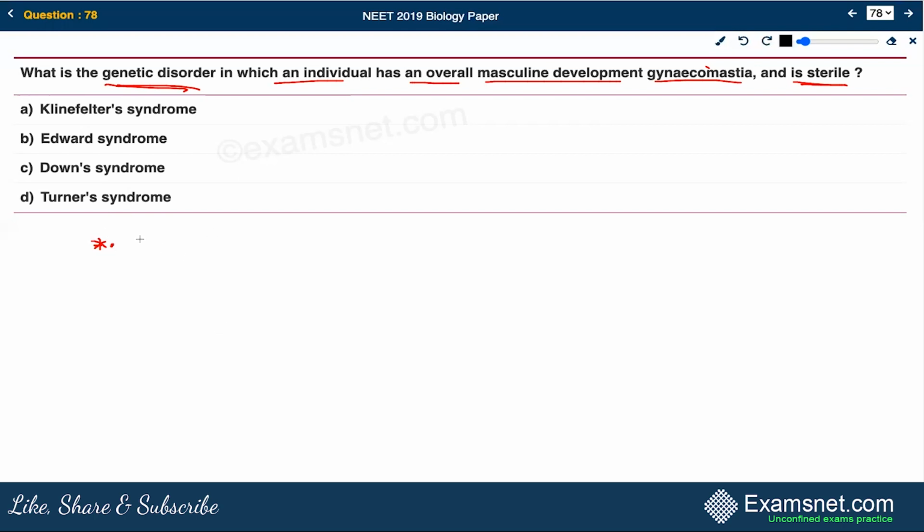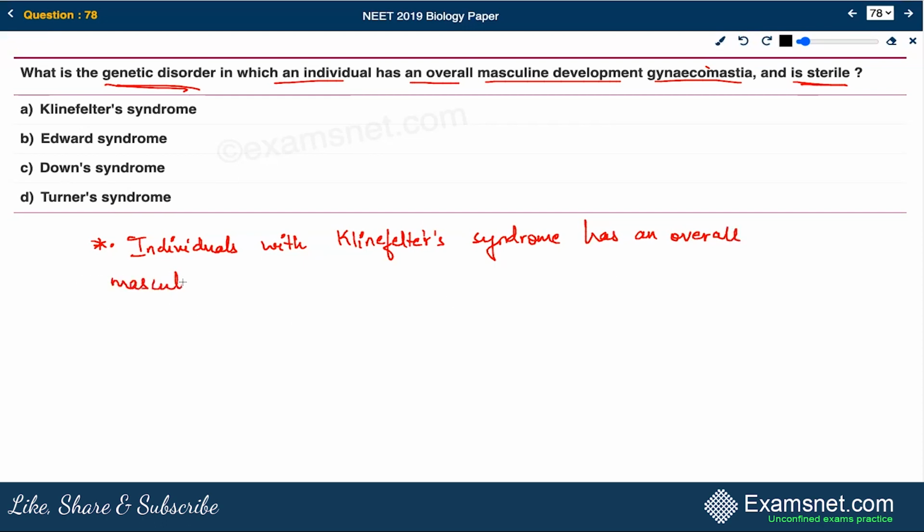So if I explain this part, individuals with Klinefelter syndrome have an overall masculine development and are sterile. Why?